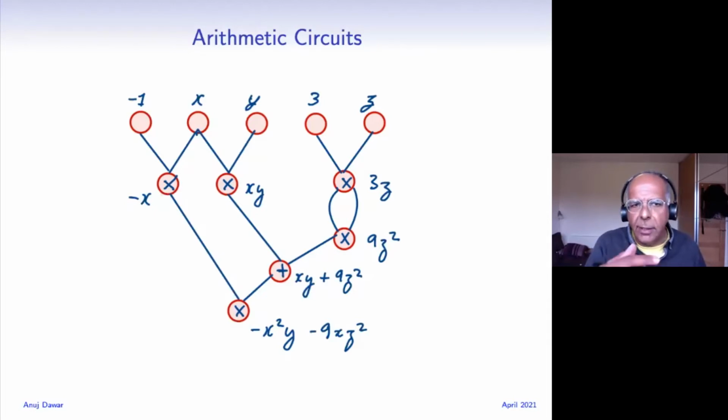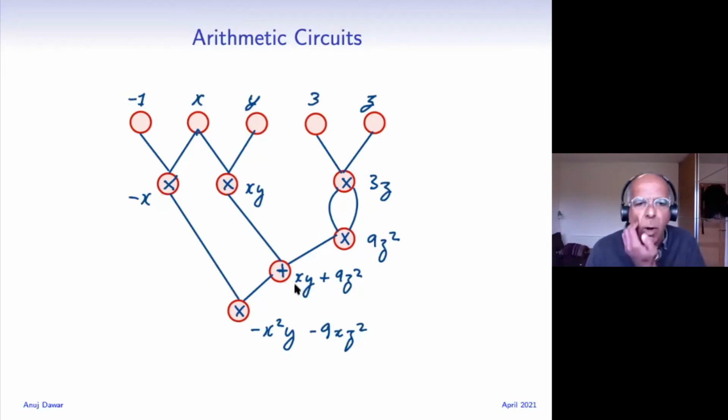Think of the circuit as going from top down. At the inputs, we have variables like x, y, and z, and constants like -1 here, or this is a 3. Then we have internal gates where we perform operations of multiplication or addition.